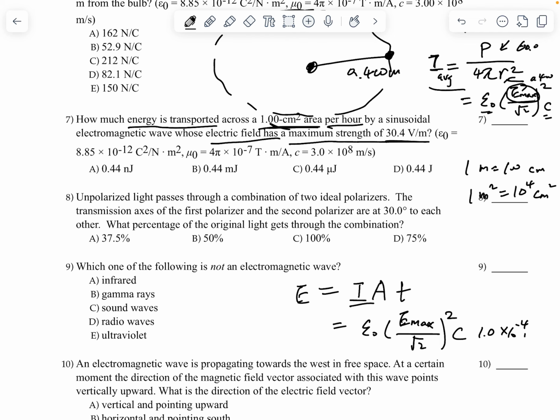And what else? Time: 1 hour, which is 3600 seconds.